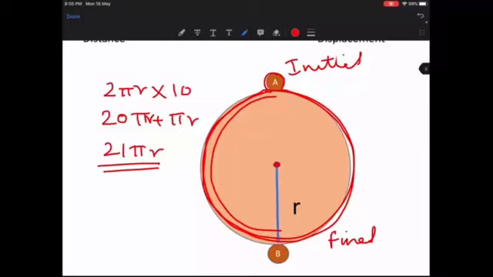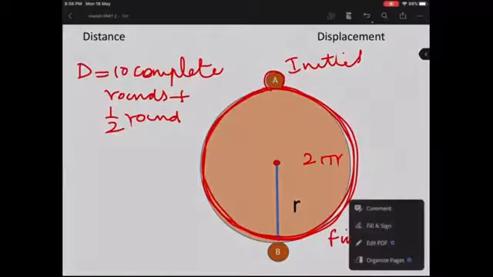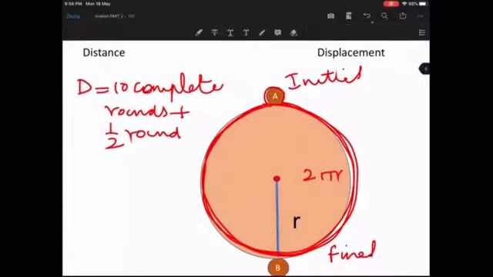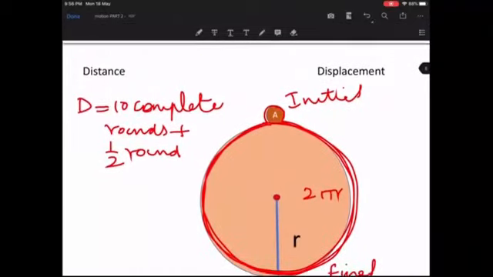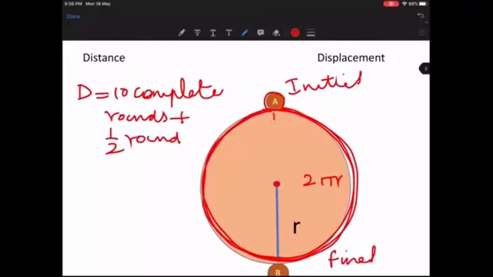Now let's see what is the displacement here. Your displacement will be, as I told you, the difference between the final and the initial point. So basically this distance is going to be your displacement. What is this distance? It's just the diameter, so it will be r plus r, which is 2r.